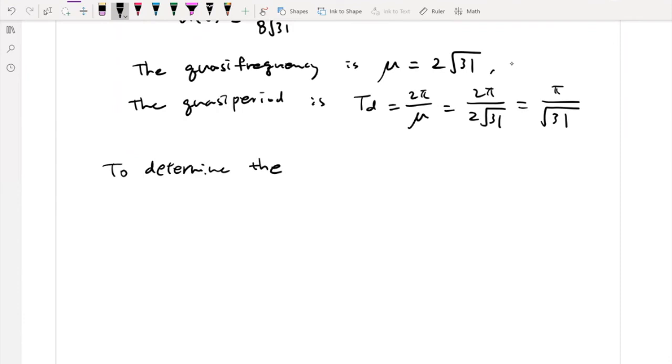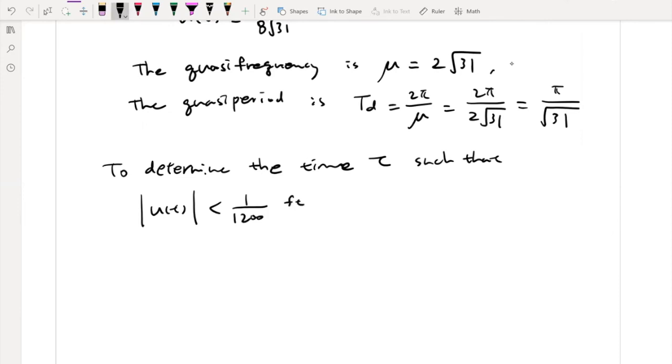To determine the time tau such that |u(t)| is less than 0.01. Oh, it is in inches, right? Then it must be changed into feet. 0.01 inch is 1 over 1,200 feet.